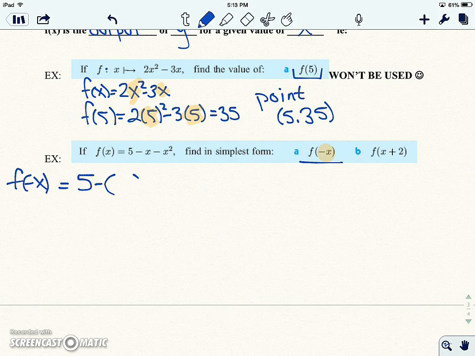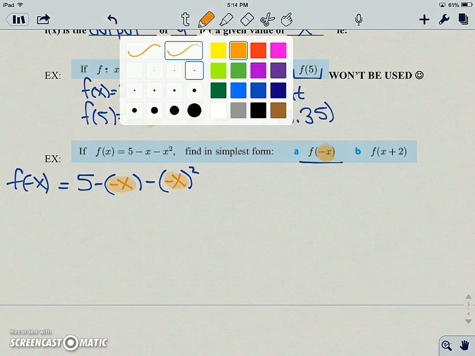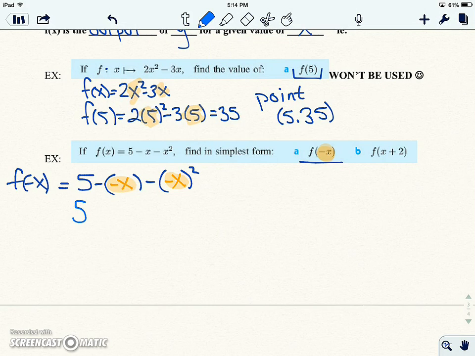Everywhere there's an x, I'm going to put a parenthesis. And then I'm going to plug in my input, which in this case is negative x. I'm going to do that in orange. And then I'm going to simplify. So we have 5, a negative and a negative is a positive x, minus negative x squared is x squared.